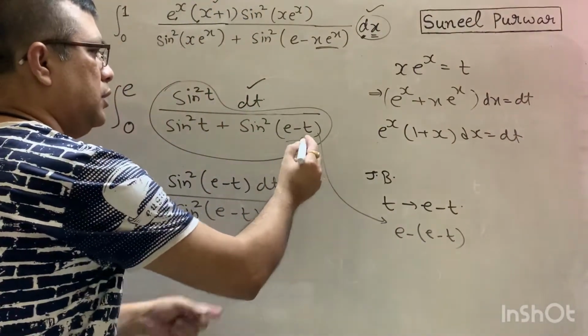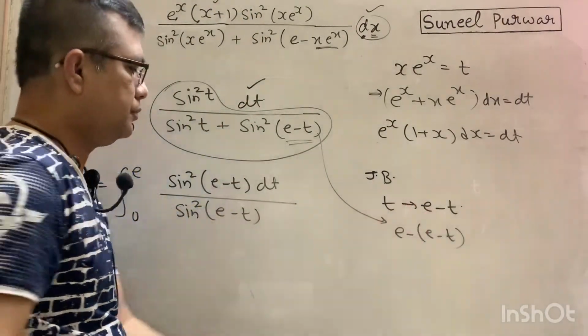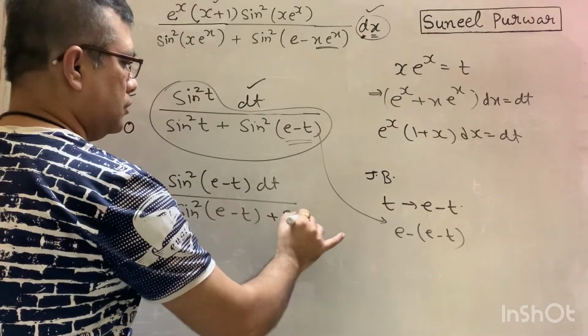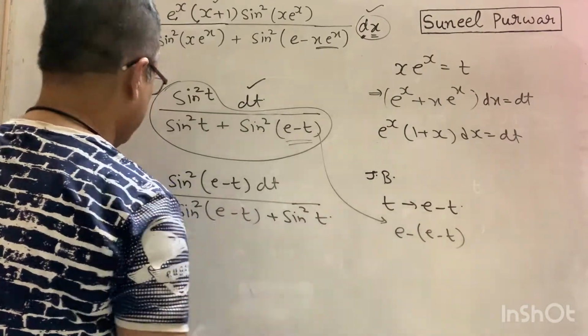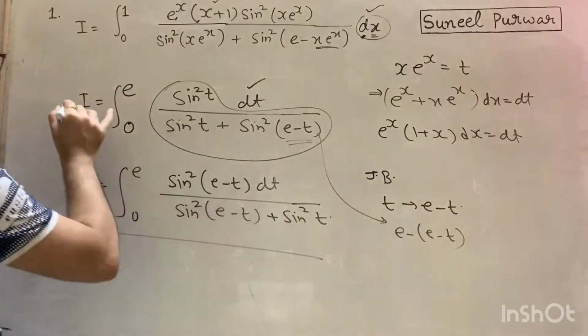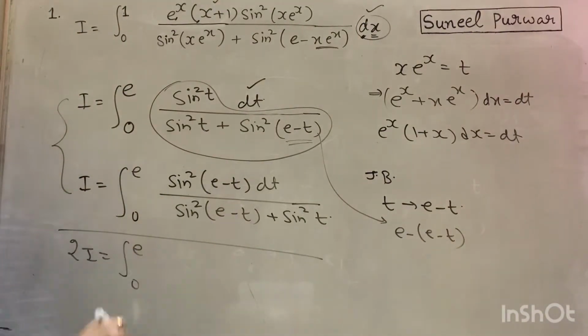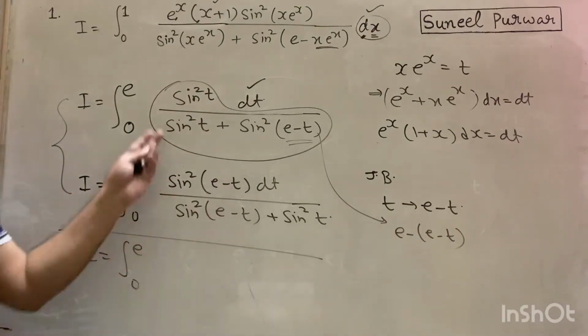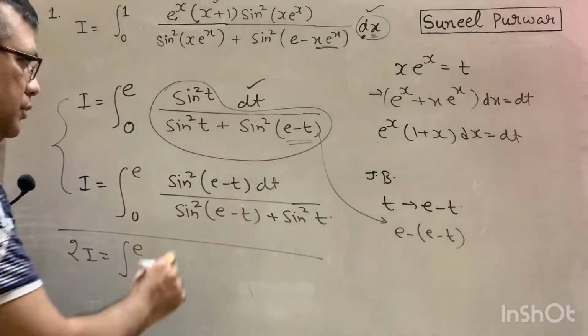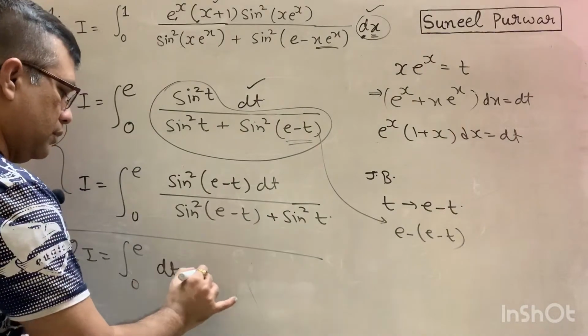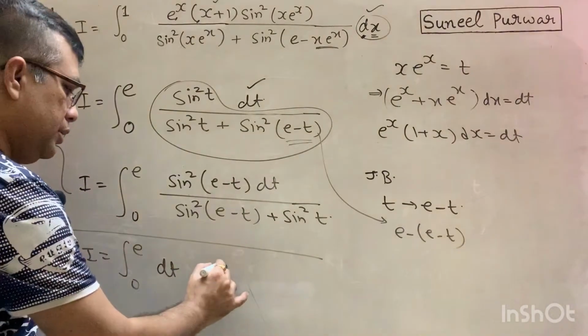So this will become sin² t. Now let's add these two integrals. So 2I equal to, you can see at once on adding them what you get? dt only. So on integrating you get e.